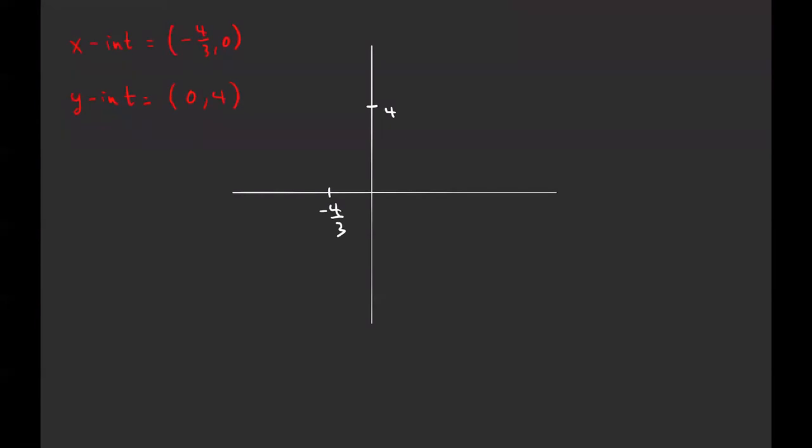And then basically we're just going to connect these. Just go ahead and make sure that actually lines up right there. That's good enough. Great. And so we've got a line right there, and more importantly, we have the x and the y intercepts here.